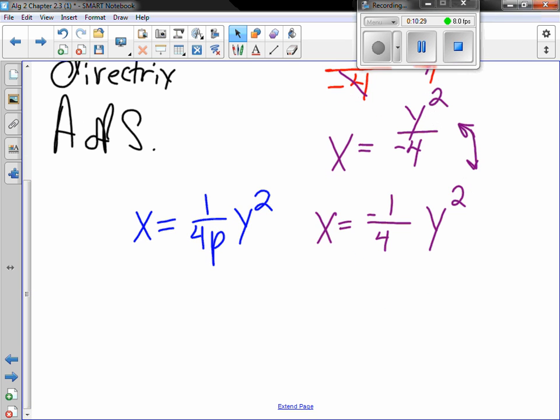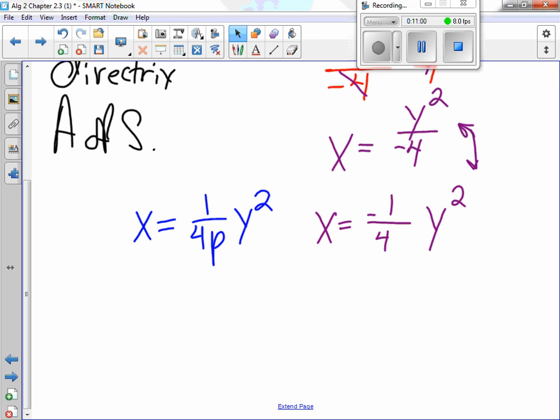So far we figured out we're using x equals 1 over 4p y squared because the equation we were given has y squared. That was just looking at it, seeing, okay, y squared, these are the properties we're going to be using. Then we saw that x wasn't by itself, so we made it by itself, and then we rewrote it in this form. The reason I did that is these match up now.